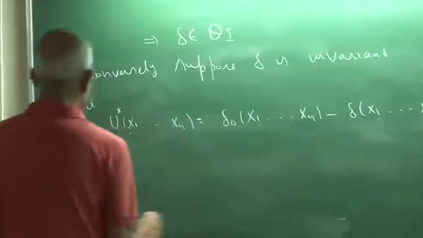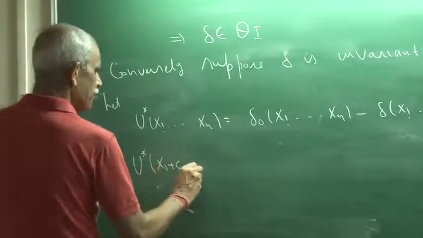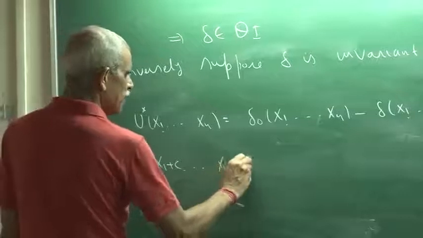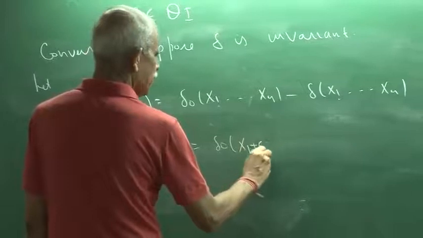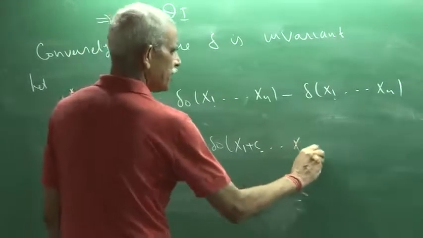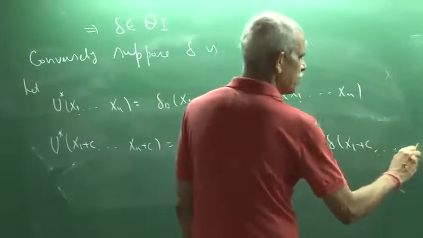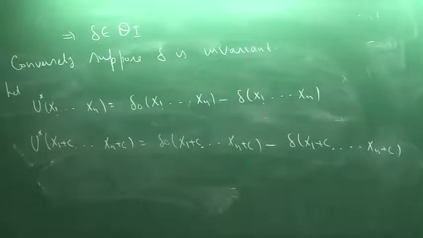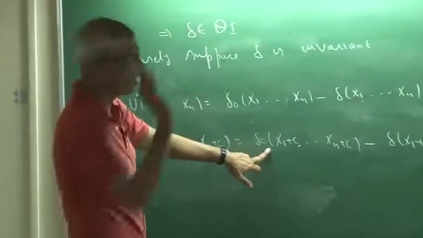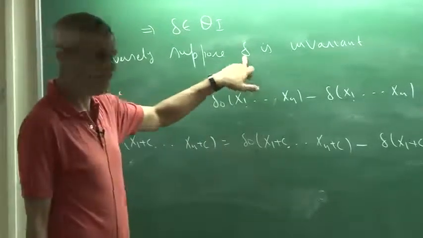So what I see is u star of x1 plus c, ..., xn plus c is nothing but delta naught of x1 plus c, ..., xn plus c minus delta of x1 plus c, ..., xn plus c. But delta naught is invariant, that is given to us by the hypothesis, and delta by choice is invariant.